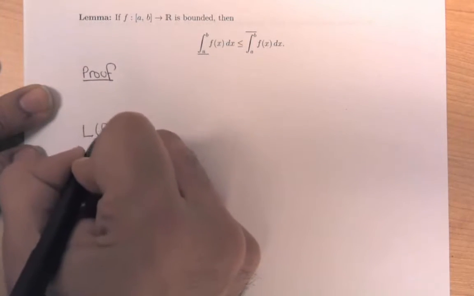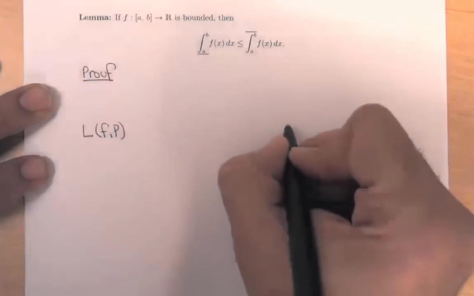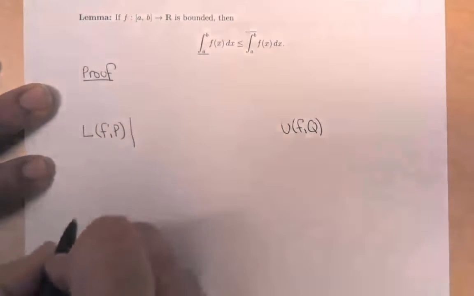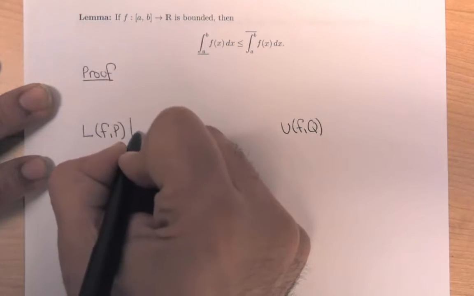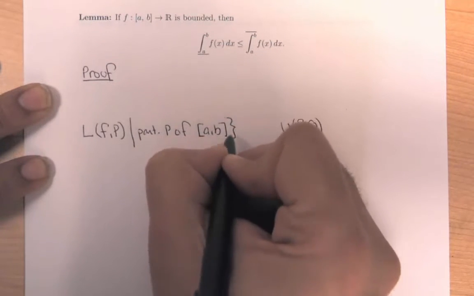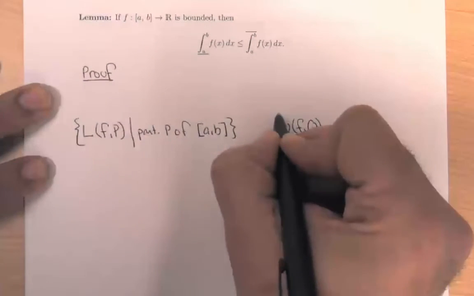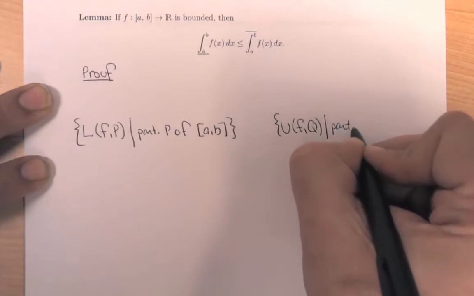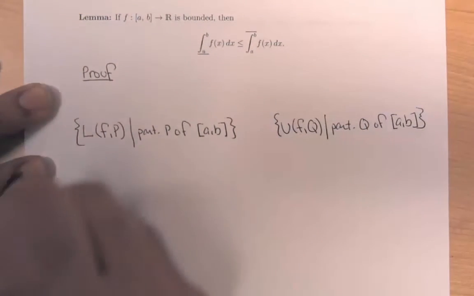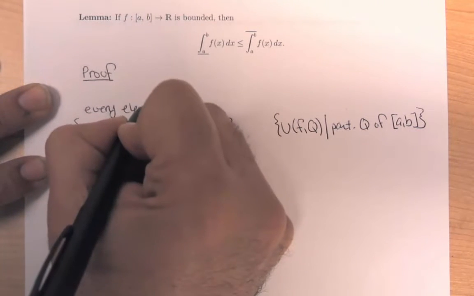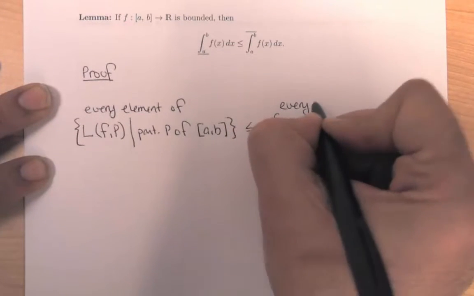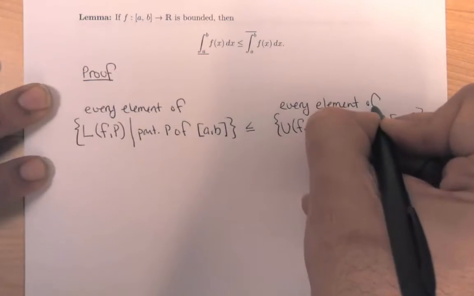So we know that the lower sum for any partition P is less than or equal to the upper sum for any partition Q. So if I were to take the set of all lower sums for partitions P of A to B, so the set of every lower sum, and if I were to take the set of every upper sum for partitions Q of A to B, then every element of this set is less than or equal to every element of this set.